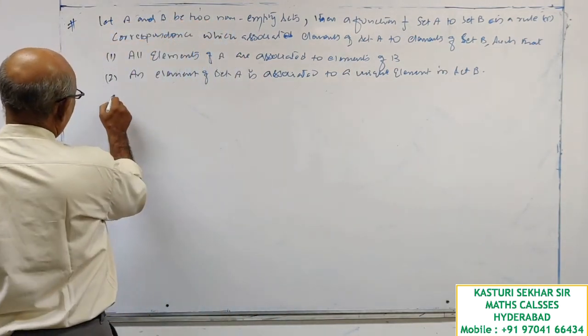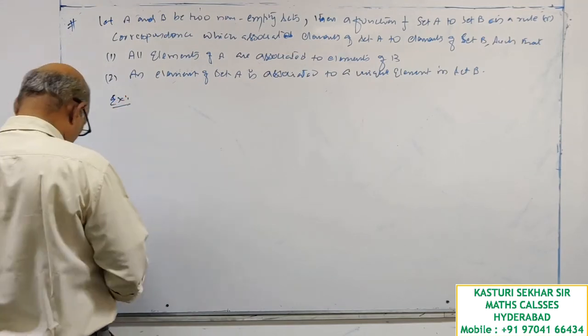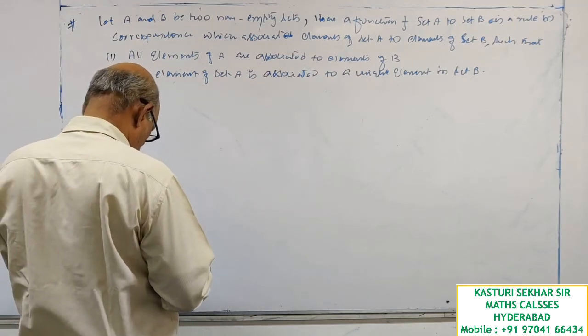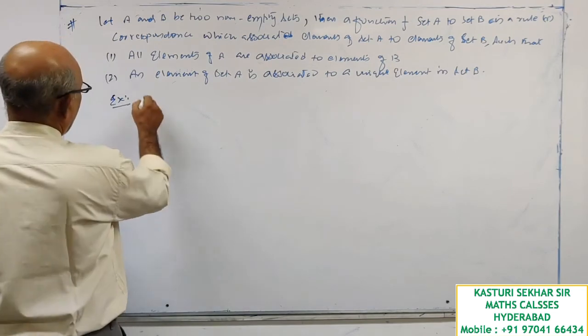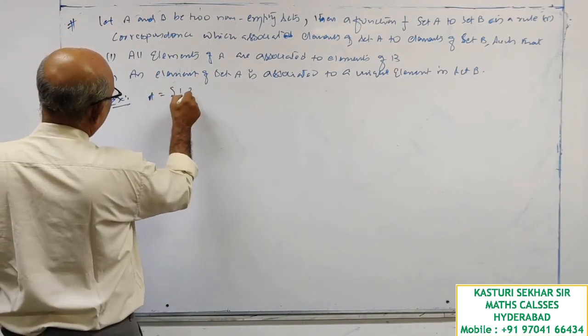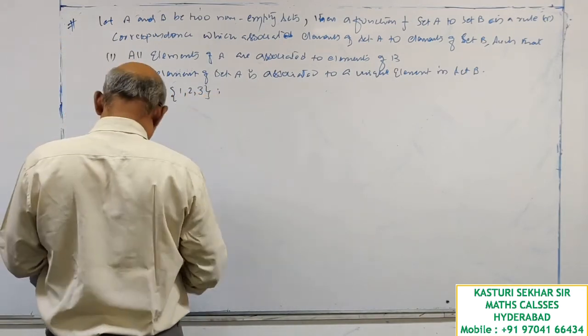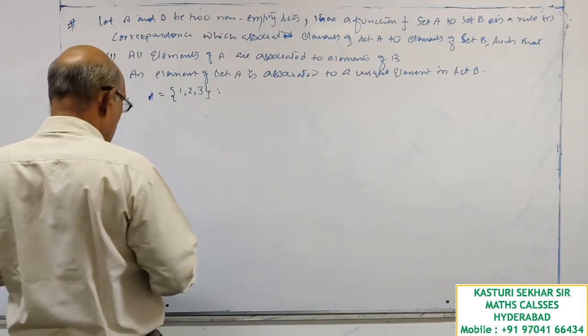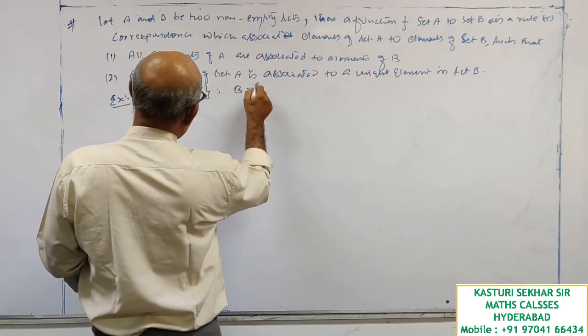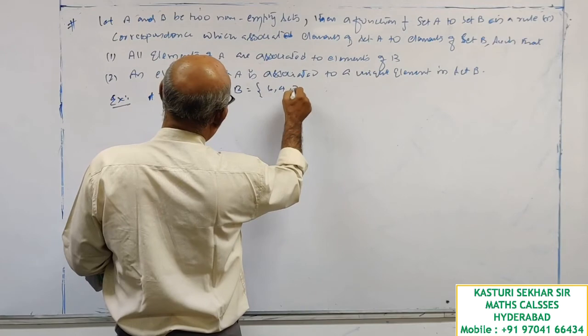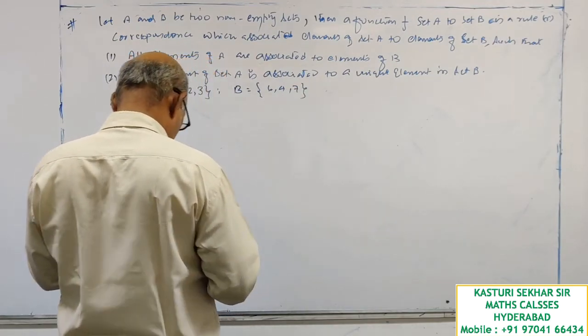Let us see a question, sir. Example. Let A is equal to {1, 2, 3}, B is equal to {6, 4, 7}.